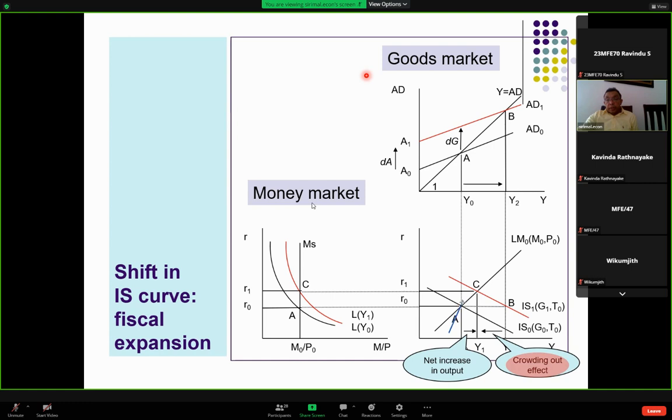So we get the same original point A, and we have this kind of LM line. Where is the intersection point? It is now not at point C, but it is here.